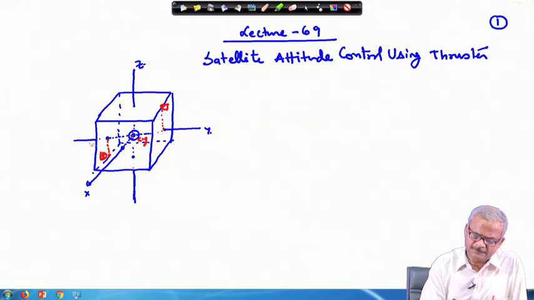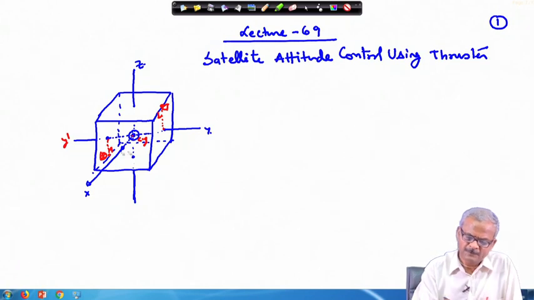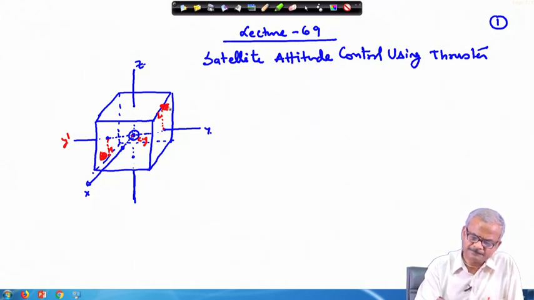This is along the y axis, this is y prime, and we are dropping a perpendicular here and here. So this angle is 90 degrees and this angle is also 90 degrees. These are the two thrusters.